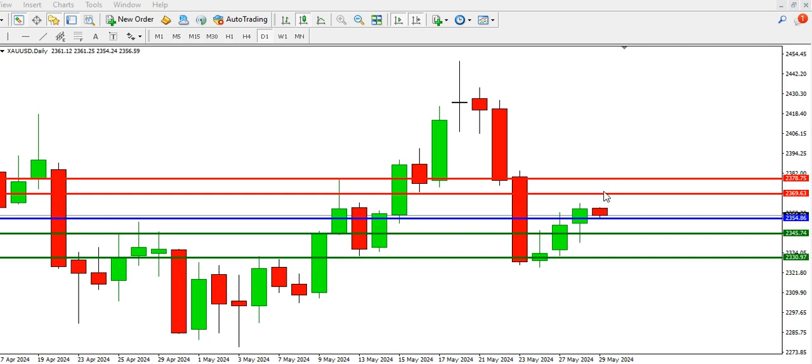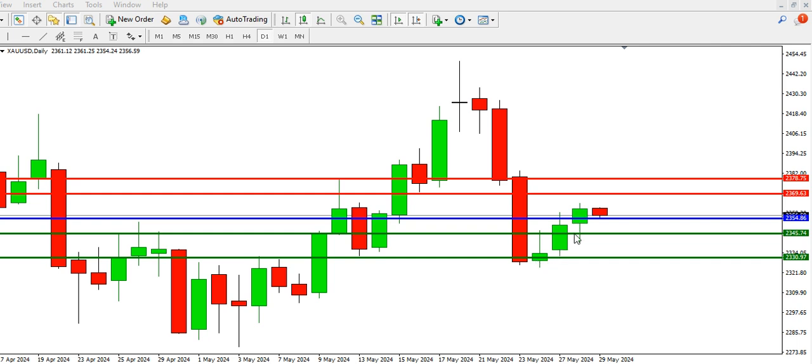But if that does not happen, we might see a break of this pivot level and price dropping to support 1, 2345, and most likely support 2, 2330. The price continues to go up, like we have these three candles.